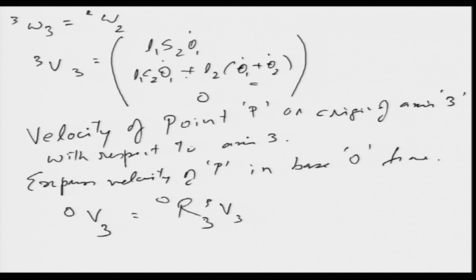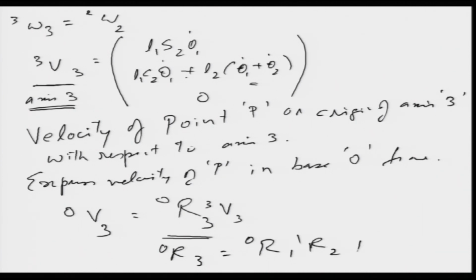So, this velocity is expressed in axis 3. Please note this very carefully. Now, if I want to express it in axis 0, then essentially I need to multiply with the rotation matrix R 0 3, which you know by now is equal to R 0 1 into R 1 2 into R 2 3, right. So, this total matrix we can multiply and we can express in frame 0.